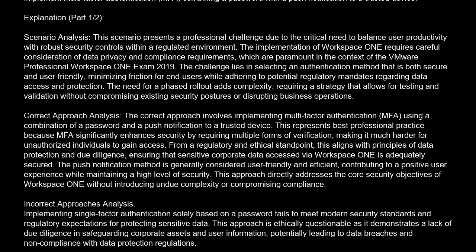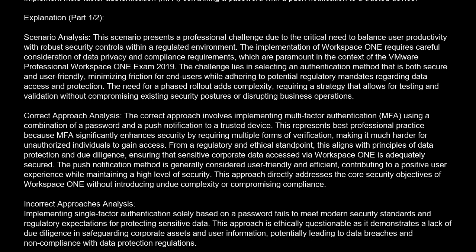The challenge lies in selecting an authentication method that is both secure and user-friendly, minimizing friction for end users while adhering to potential regulatory mandates regarding data access and protection. The need for a phased rollout adds complexity, requiring a strategy that allows for testing and validation without compromising existing security postures or disrupting business operations.